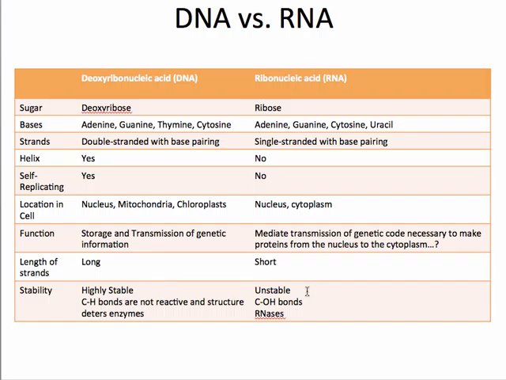As well, RNA is a very unstable molecule compared to DNA. Part of it is because the ribose sugar has hydroxyl groups bound to the second and third carbons in the ring. Also, we have RNases. So RNases are enzymes that actually degrade RNA.